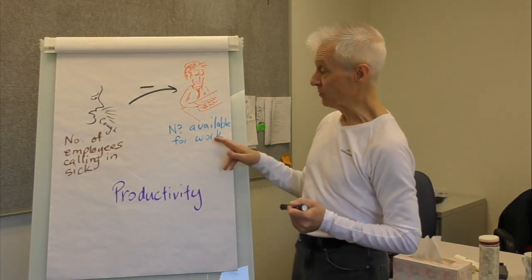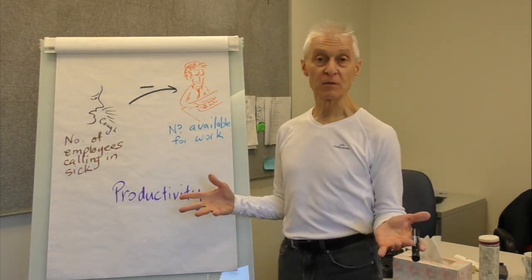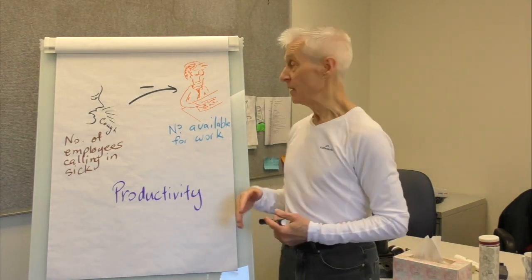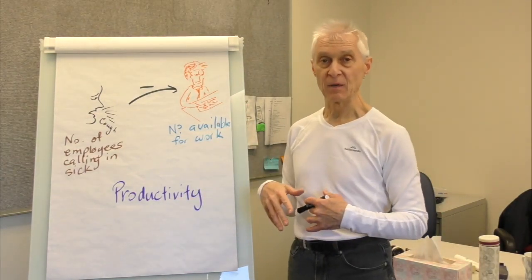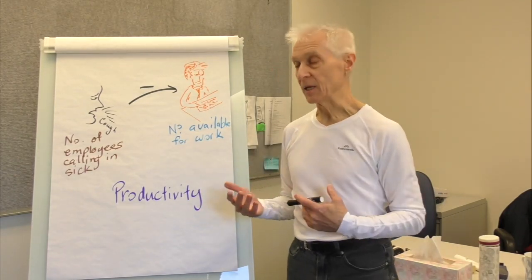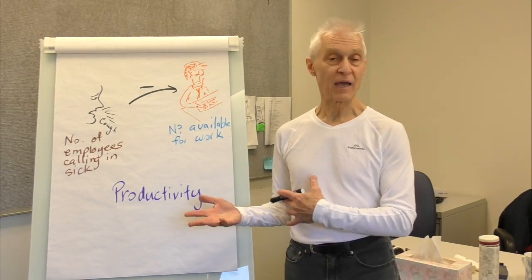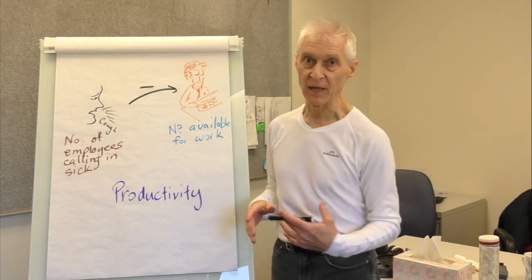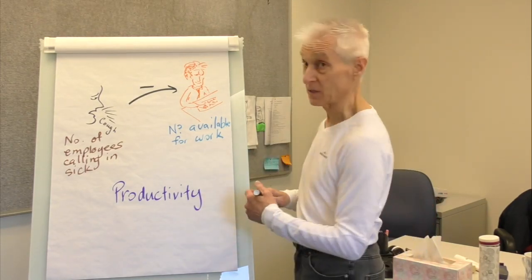What does this do to productivity, however we're measuring productivity? Productivity might be the number of reports produced per day, the number of forms filled out each day, or the number of gadgets that a particular manufacturing plant produces per day, for example.